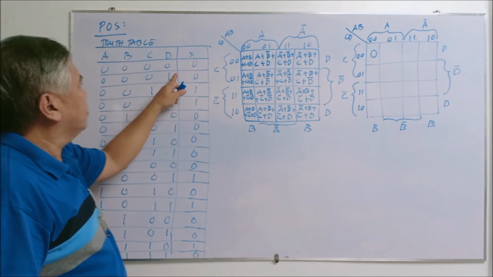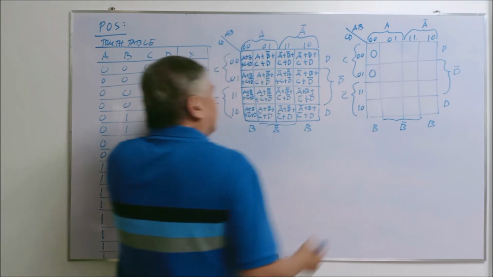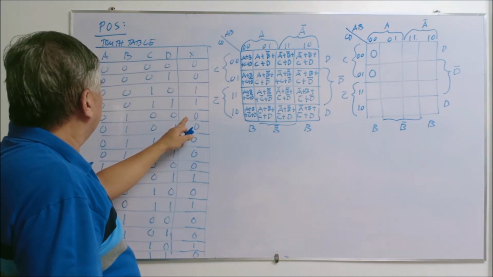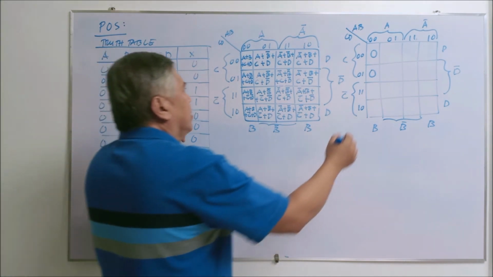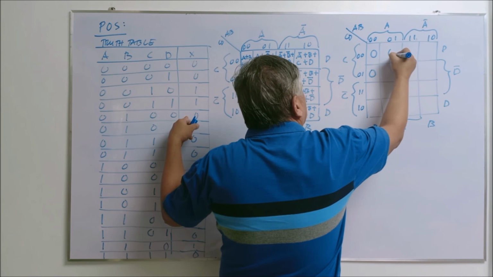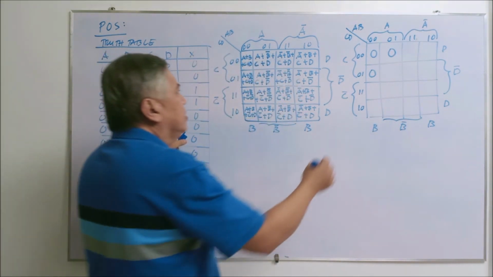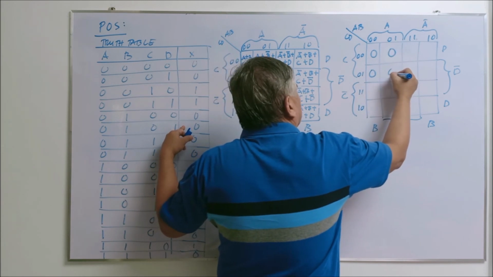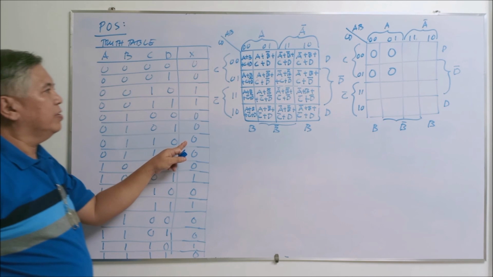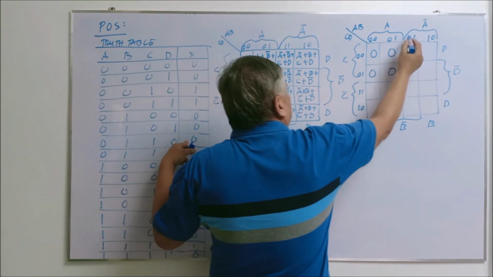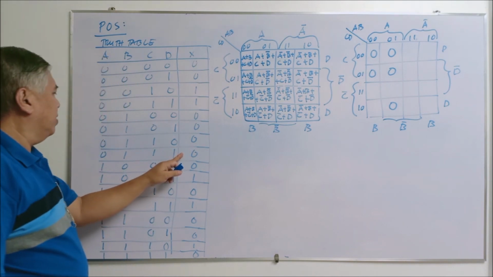Then 0, 0, 0, 1, you put 0 instead of 1. And then 0, 1, 0, 0, another 0 here. And then 0, 1, 0, 1, another 0. And then 0, 1, 1, 0. Then 0, 1, 1, 1.